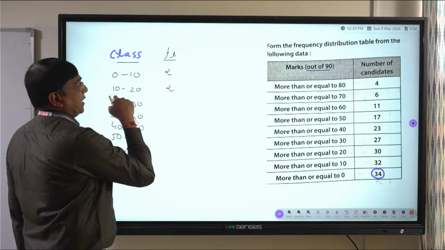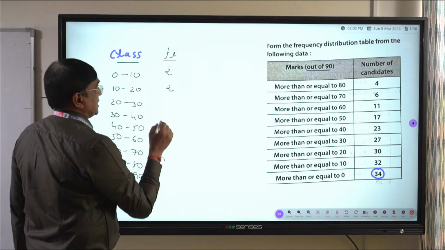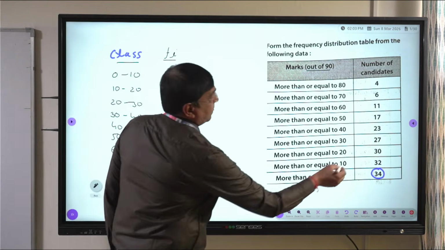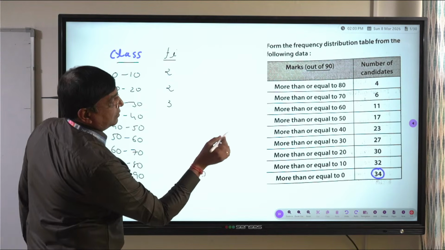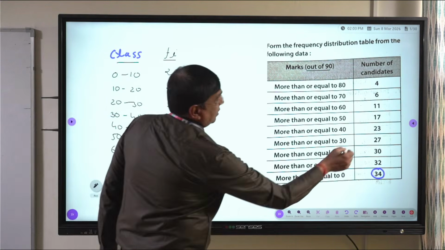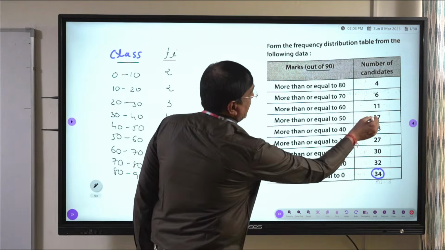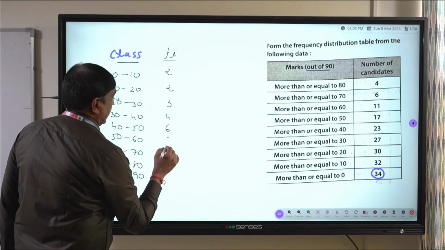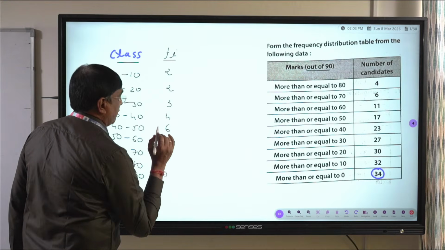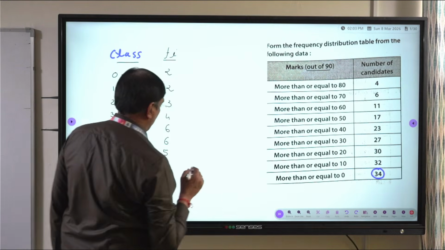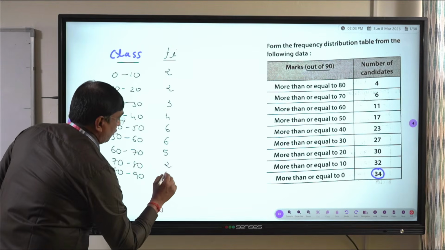Meaning 2 students got marks between 10 to 20 and so on. 30 minus 27, that is 3. 27 minus 23, that is 4. 23 minus 17, that is 6. 17 minus 11, again 6. 11 minus 6, that is 5. 6 minus 4, 2. And the last one is 4.